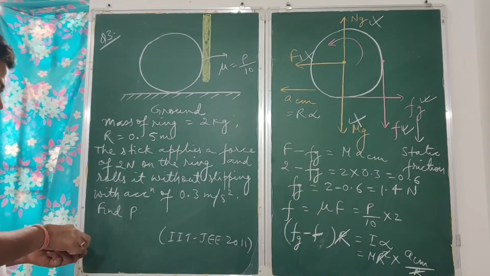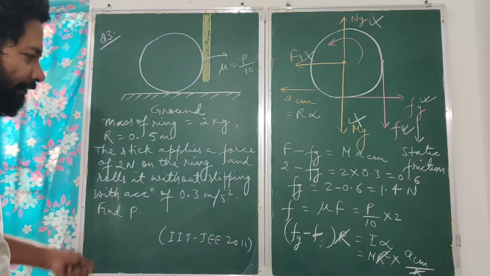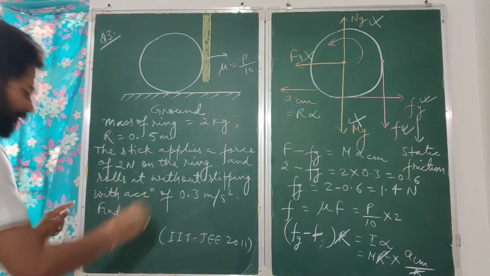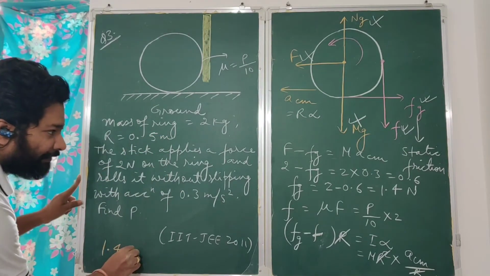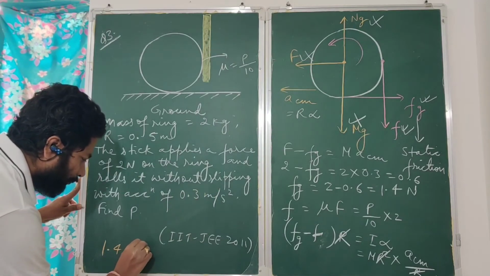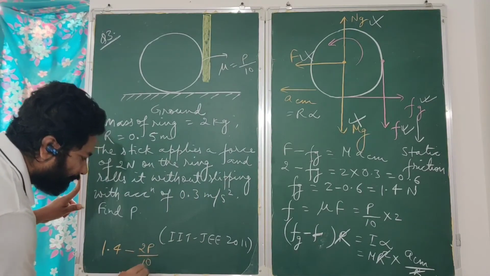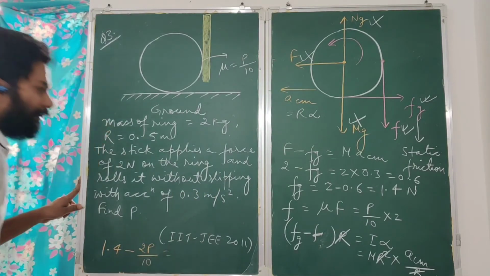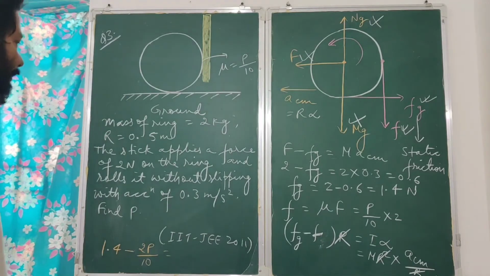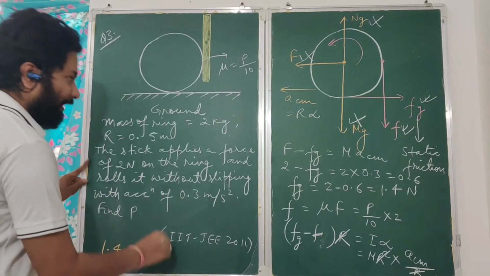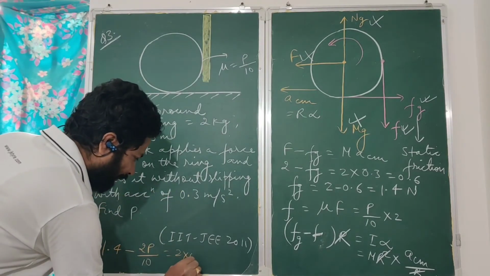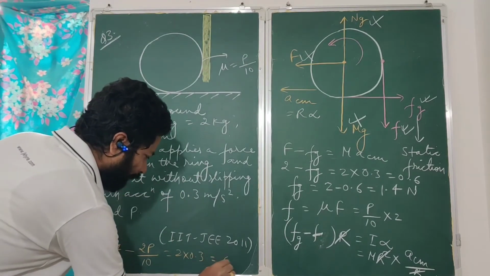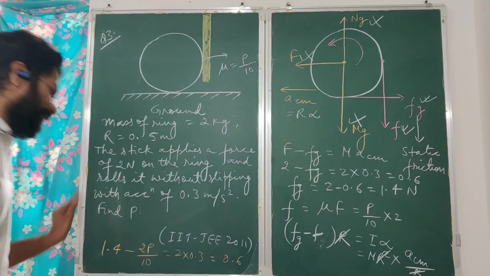Now substitute the values. I am writing it here because I don't have space. So Fg is 1.4 minus F. F is P by 10 into 2, so 2P by 10. And that should be equal to M into ACM. M is 2 and acceleration of center of mass is 0.3, so it is 2 into 0.3, which is equal to 0.6.